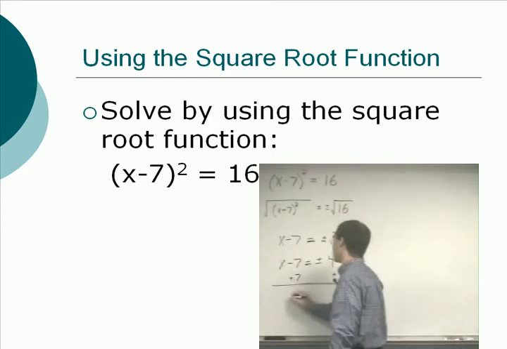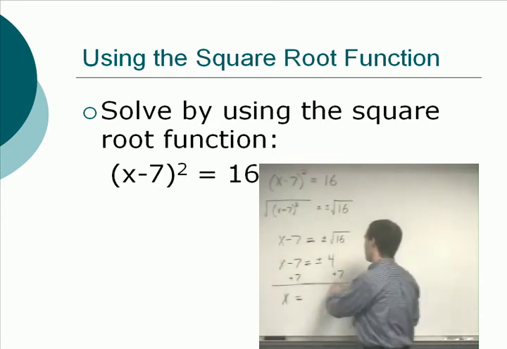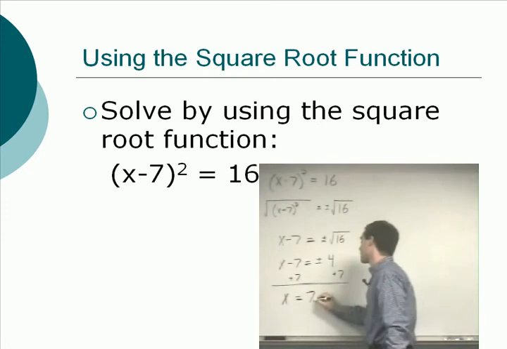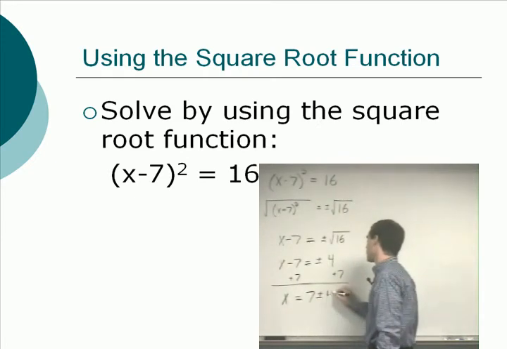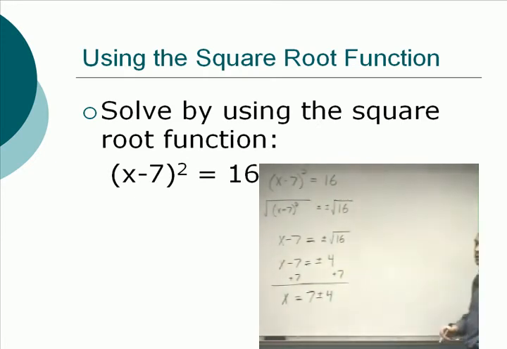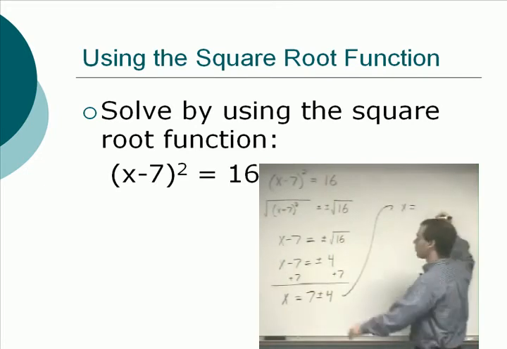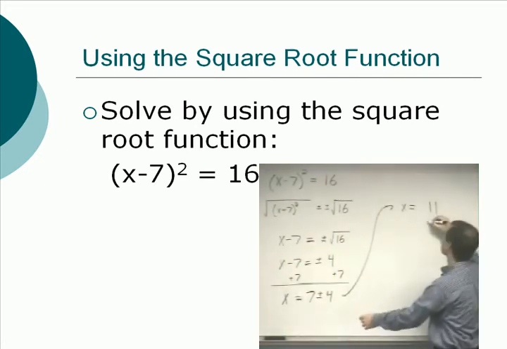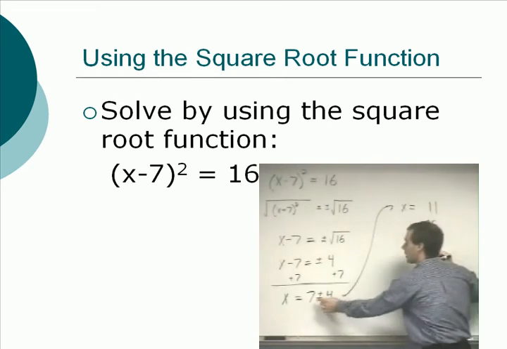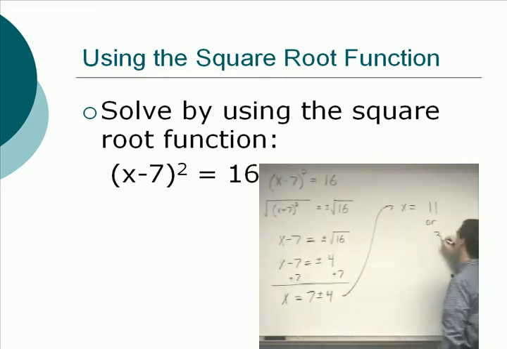And what we end up with is x equals, we'll put our known value of 7 in the front, 7 plus or minus 4. So apparently, how many solutions are there to this equation? 2. What are they? X equals 7 plus 4, which would be 11, or 7 minus 4, which is 3.